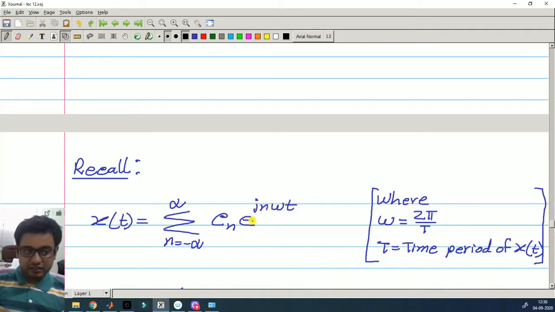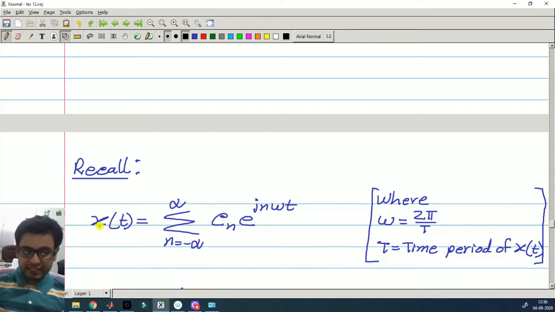Now these e to the power j omega n t are called the complex harmonics of x(t), and these coefficients are the complex Fourier coefficients, or the amount of different harmonic components present in x(t).